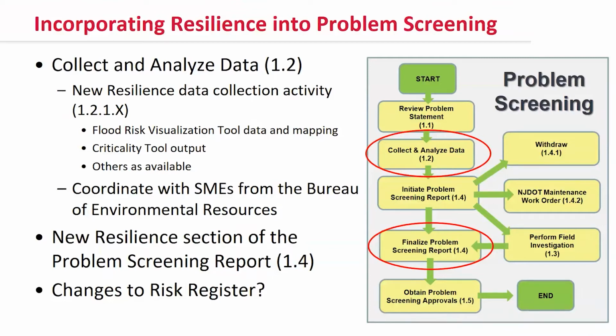It seems appropriate for the folks putting together the problem screening reports to be engaging with the Bureau of Environmental Resources as subject matter experts, and probably the ones that will be most using the flood risk visualization tool, and then a new section in the problem screening report that covers the data and reports the data.